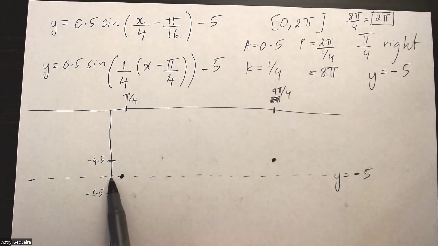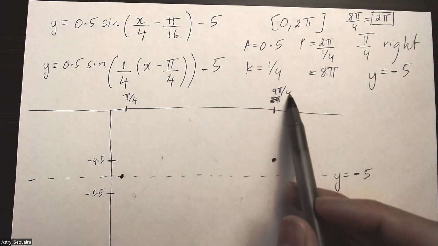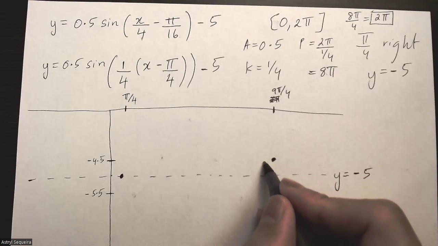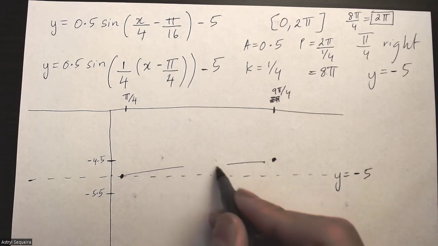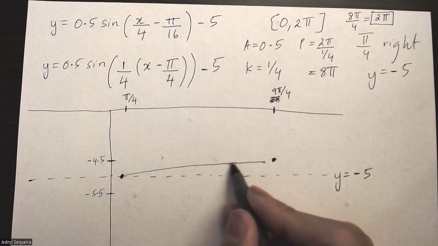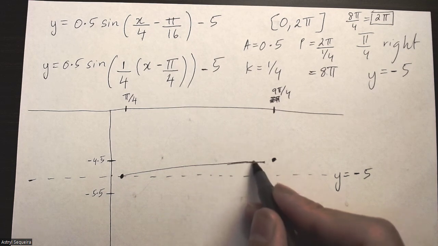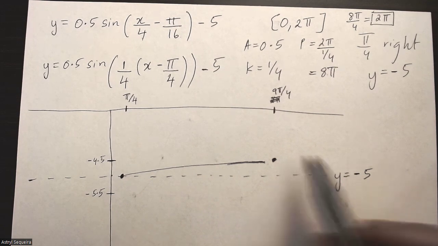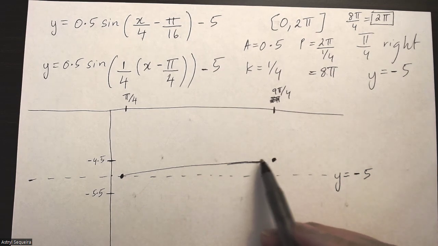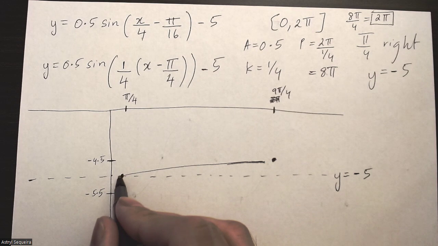So since my graph is between 0 and 2 pi, which is slightly less than this, my graph is going to end over here. So this sine wave is going to look basically like that. It's not going to hit this point because we don't draw past 2 pi, but if we drew past it, it would pass through that point and then just come down here, just hitting slightly low over here.